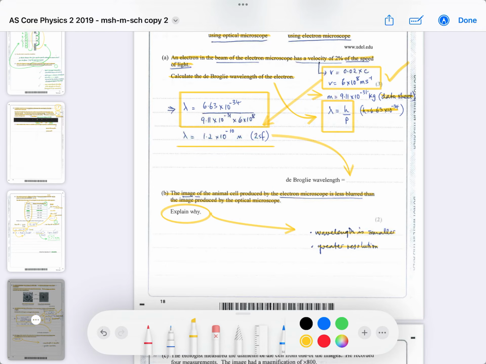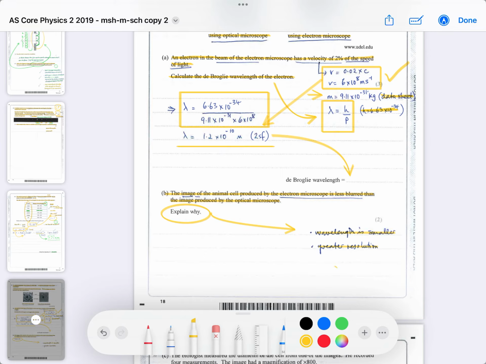But I think the mark scheme have put it differently to this. So I don't know if I'd get the 2 marks looking at the mark scheme, which you can do later on. They mention that it diffracts less. That is smaller. So diffracts less when it's going through the cell tissue, I think they mean.